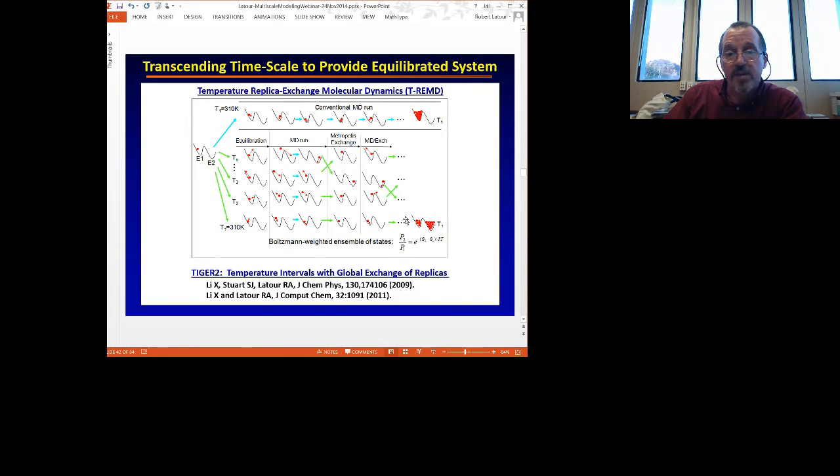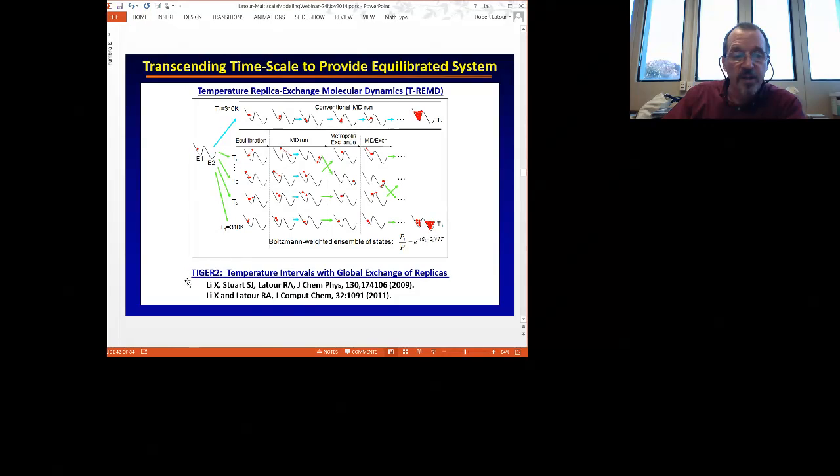And the result of this is we end up with a Boltzmann-weighted distribution of states, which should represent the equilibrated state of our system, and this can be directly compared with experimental results. So by this, we effectively get away from our time restraints and get an equilibrated system that should be comparable to our experiment, assuming our experiment also represents an equilibrated state.